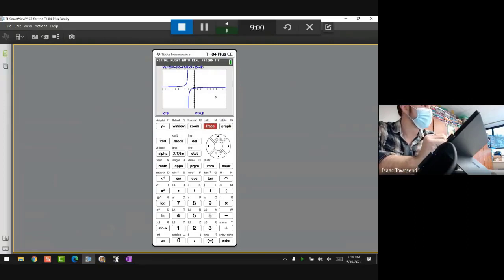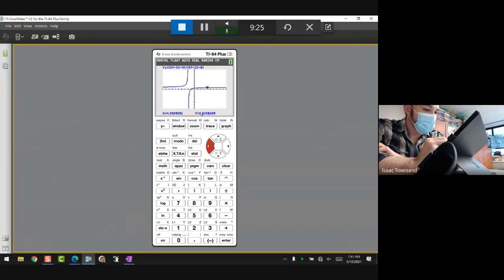So the only way to know if there is actually a hole at 4 is to hit trace, 4, enter, so that it jumps to that point. And notice down here, it says when x is 4, y doesn't exist. So it knows there's a hole there. Now, as far as the y value, you could inch a little bit to the left, a little bit to the right.